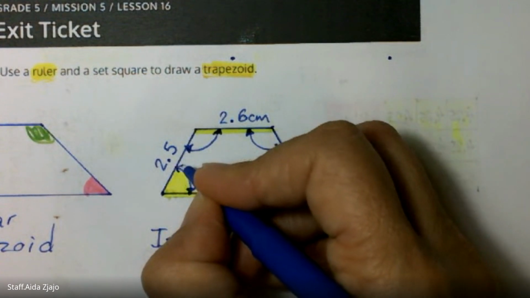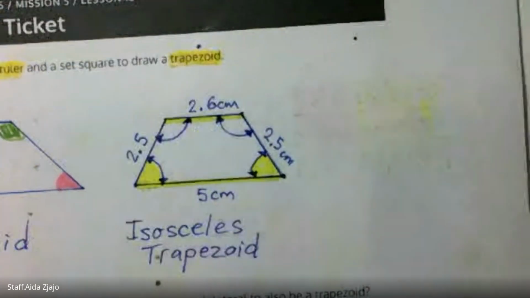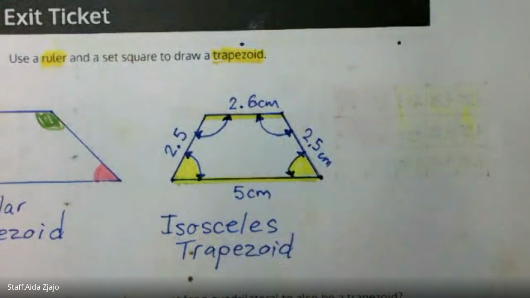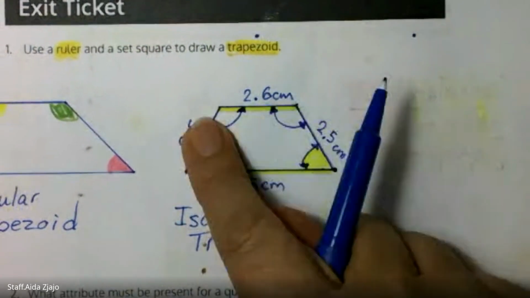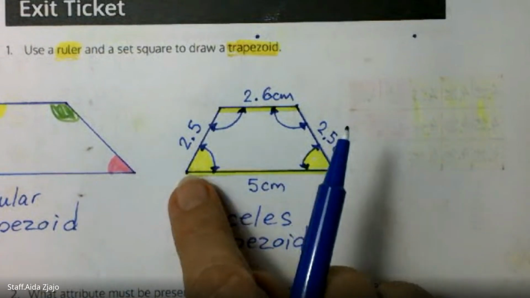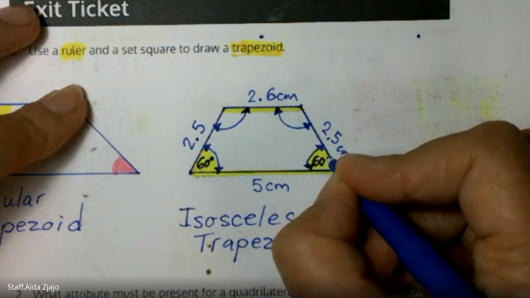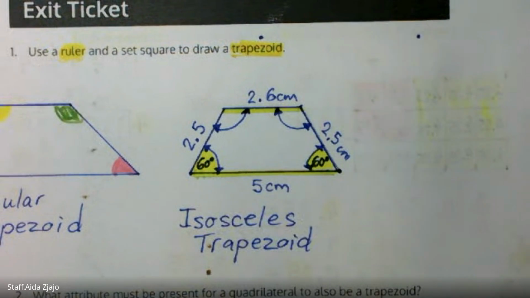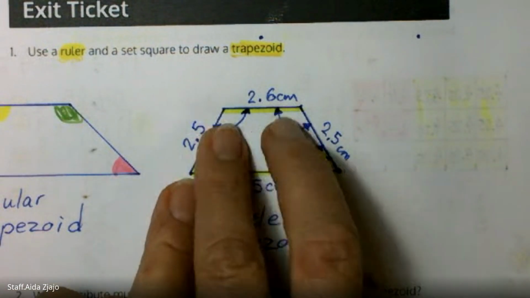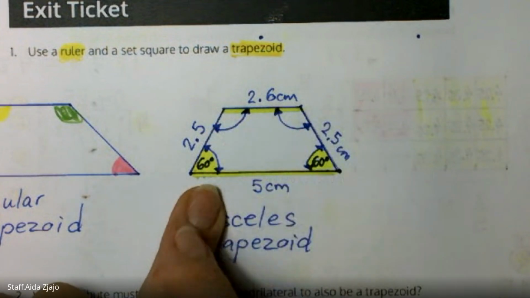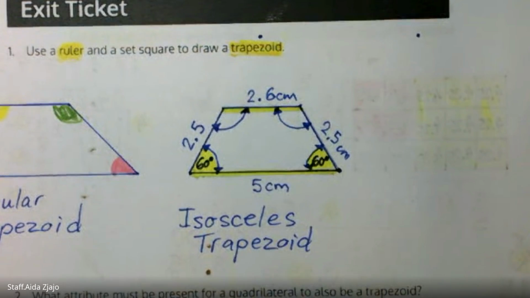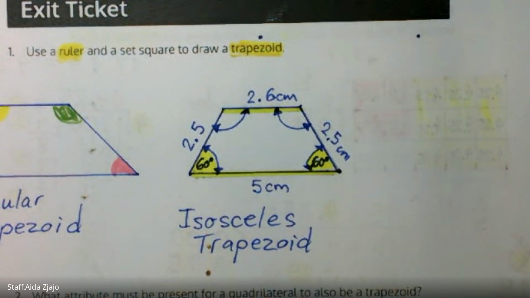If you know one measure, it's easy to figure out the others. If I know this is 60 degrees, then this one is 60, so 120 together. Then these two have to share the rest, up to 360 degrees, because the four angles in every quadrilateral add up to 360 degrees.